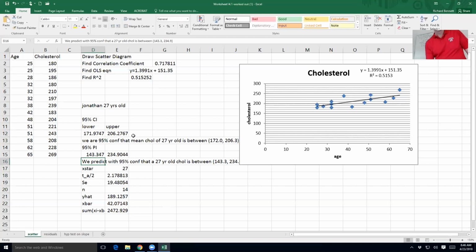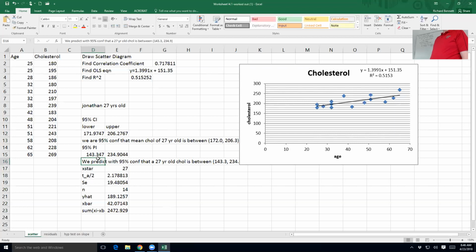So let me ask you this way, would a cholesterol of 150 be unusual for a 27-year-old person? It would not be unusual. Would a mean of 150 be unusual?